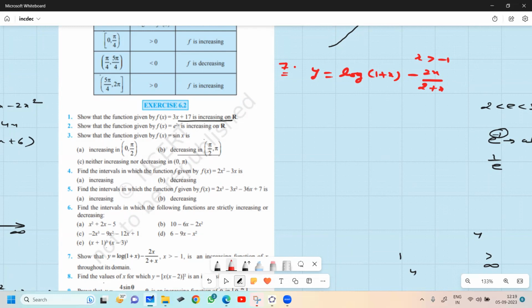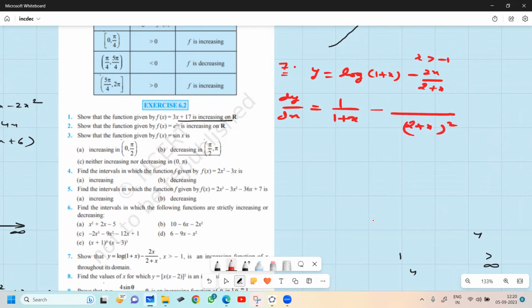So let us start. dy by dx is, log will bring it down, and this is by the u by v method. So 2 plus x whole square, 2 plus x as it is, derivative of 2x is 2, minus 2x as it is, derivative of 2 plus x is 1.